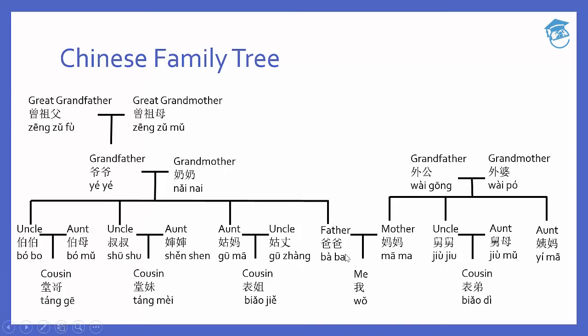And for father, he has brothers and sisters. Let's look at how to call my father's brothers and sisters. So for father's elder brother, 爸爸的哥哥, we call 伯伯.